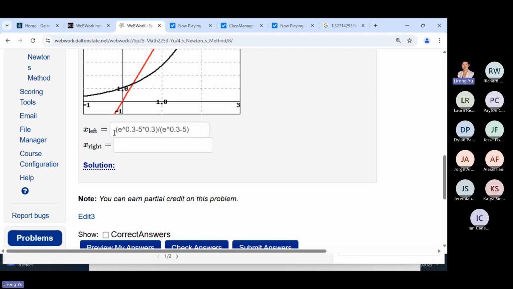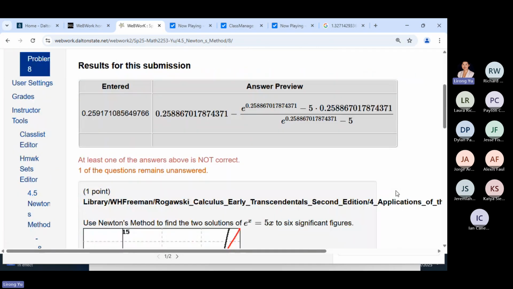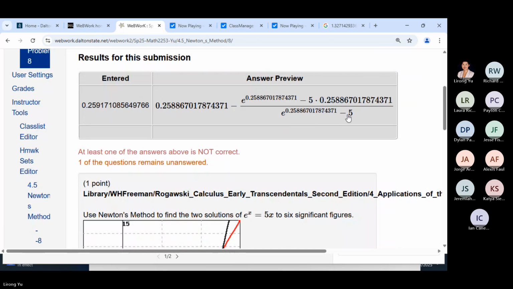So instead of 0.3, we're going to start with this new number. And that also replaces where you have that 0.3, and we replace the 0.3 in the denominator as well. So that will be the Newton's method calculation on the second try.